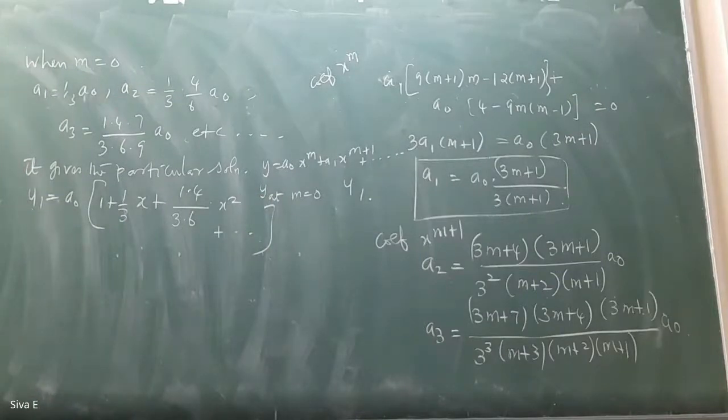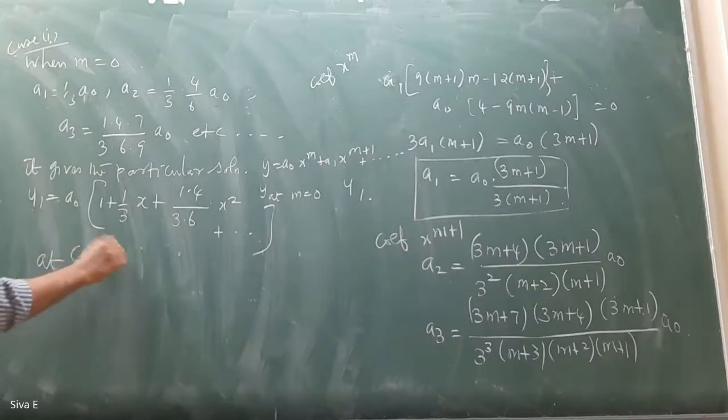Similarly, we have to find a naught, a1, a2 value at m equal to 7 by 3. This is case 2.